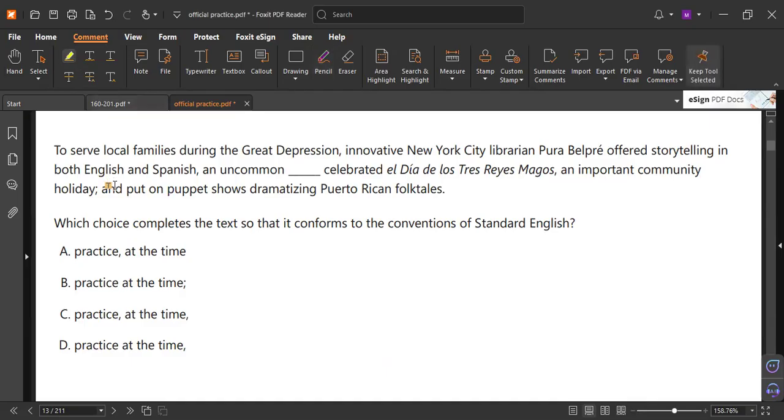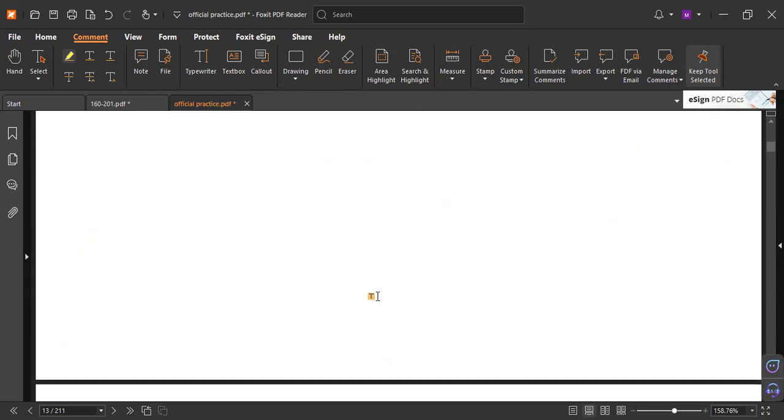When you read it to the end, you will find the semicolon. So it's a list using semicolons. That means you need a semicolon. Only one has a semicolon. And check: we have a past verb here, a past verb here. So you are correct? Found it? Yes. So your verbs are here. Right?